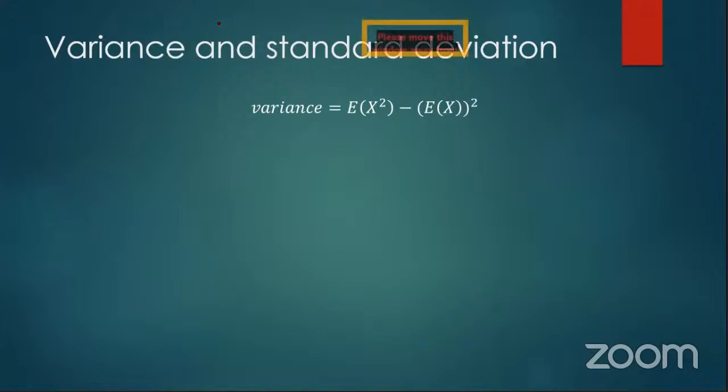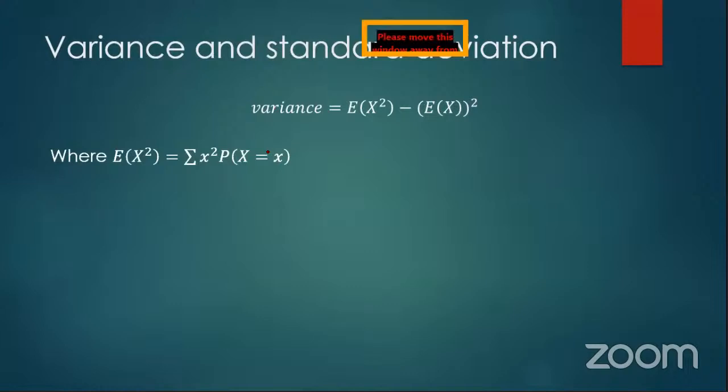So from our statistics, how do we get standard deviation? From statistics, standard deviation is the square root of the variance.